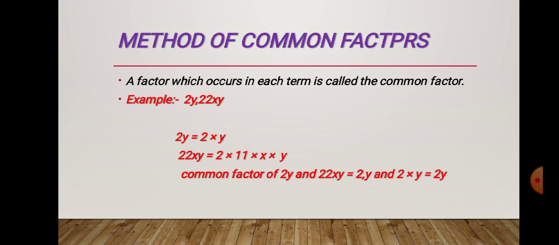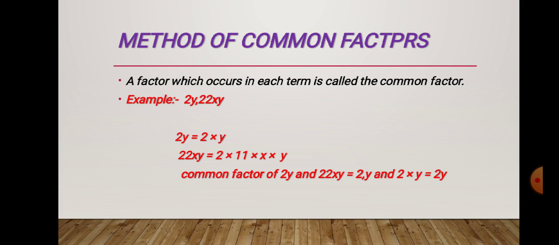Method of common factors. Let us see a factor which occurs in each term. Again, I am repeating, a factor which occurs in each term is called the common factor. Suppose I am taking one example, 2y and 22xy. Now I am writing the factors of 2y, that is 2 multiplied by y.